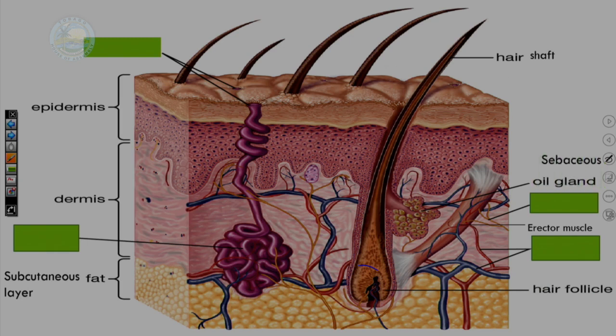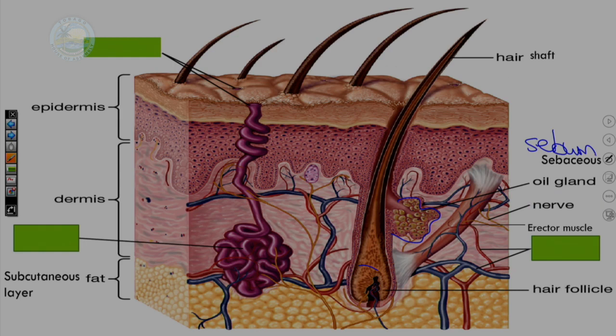Then you have your sebaceous oil gland. This gland here will secrete a substance called sebum, which coats the hair. It has antibacterial property, and of course that sebum can come out of the surface of your skin and have a sort of protective function on your skin surface.